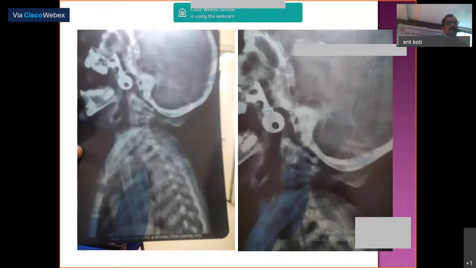We had a brush, we had a key. So this was a small child. You should never forget to look for whether a foreign body is in the nasopharynx. So always include the skull, the nasopharynx also, not only the neck, in the X-ray.